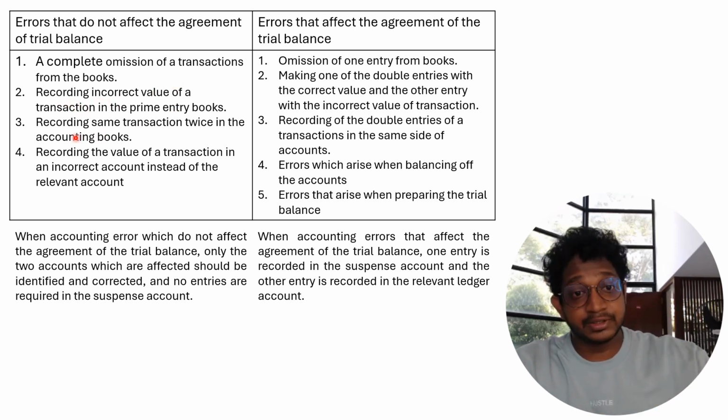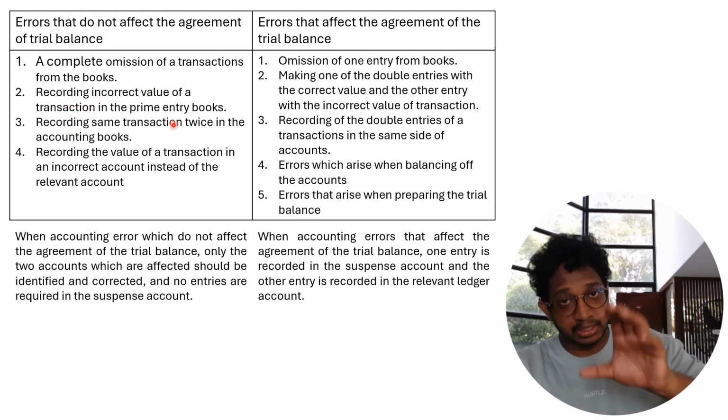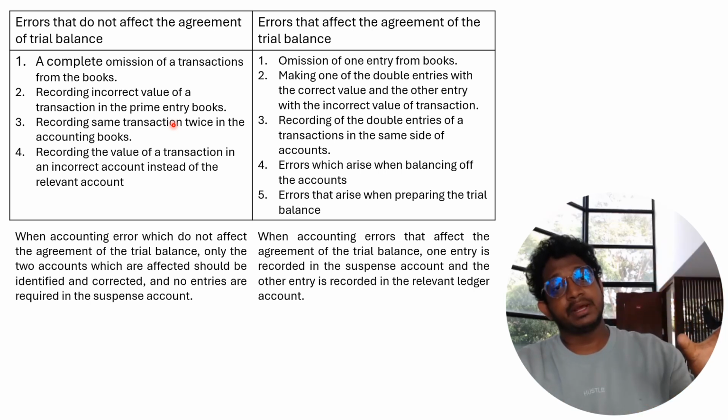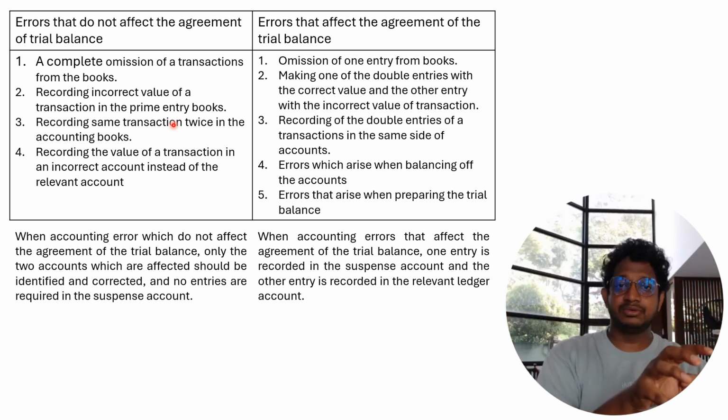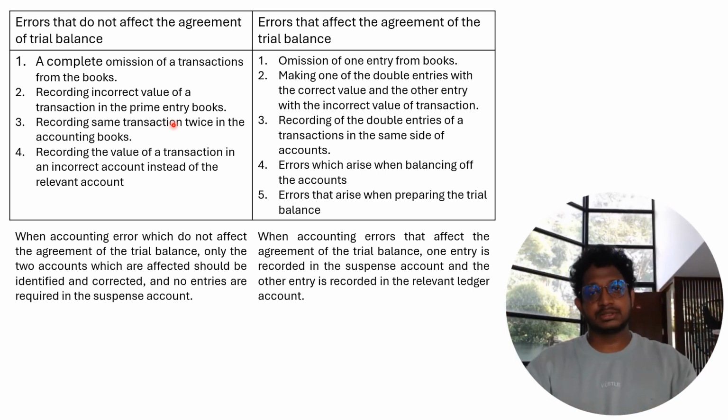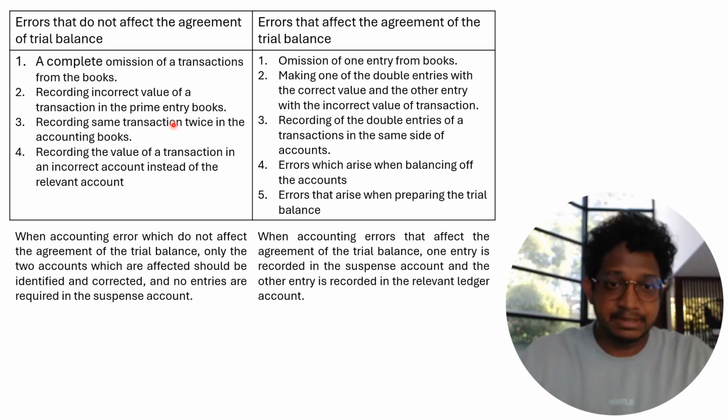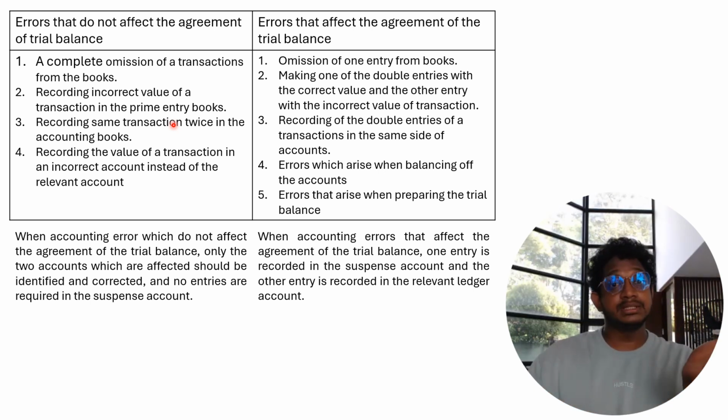Recording an incorrect value of a transaction in the primary book. An incorrect value in the primary books means the totals we post to the ledger are wrong. That affects both accounts, debit and credit, and the trial balance is still equal. Recording the same transaction twice: debited twice, credited twice, trial balance equal.